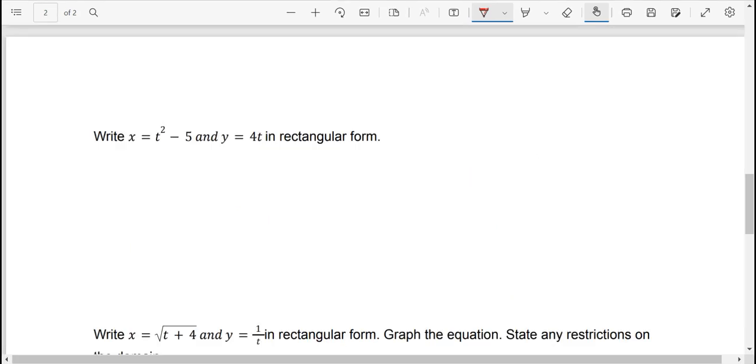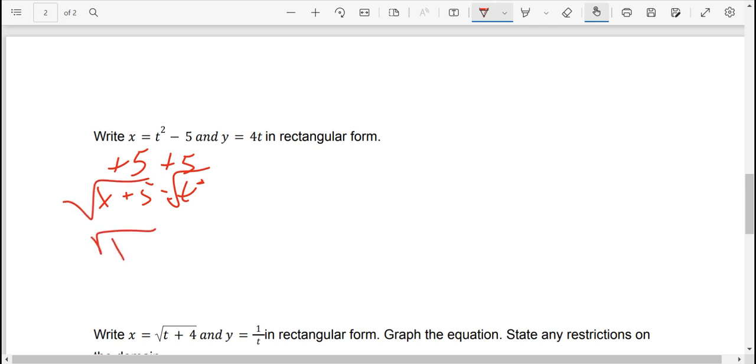So we have to write the following two equations in rectangular form, which is basically like we need to get rid of the t's. Eliminate the parameter. So in order to do that, let's get t by itself here. x plus 5 equals t squared, square root.